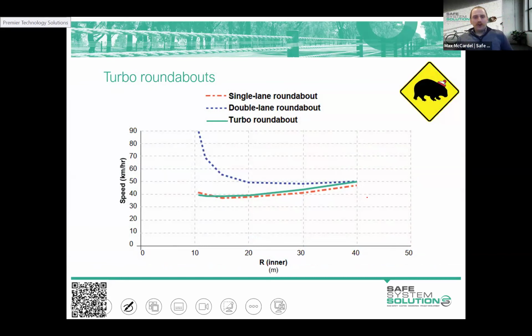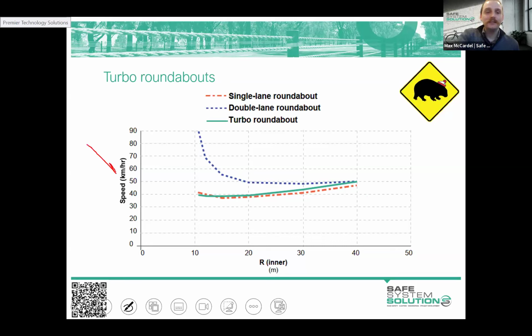Just a note on turbo roundabouts. I'll show you what a turbo roundabout is on the next slide. But this is just an acknowledgement that the radius or the diameter of your circulating area does play a role in what types of speeds can occur within your roundabout.